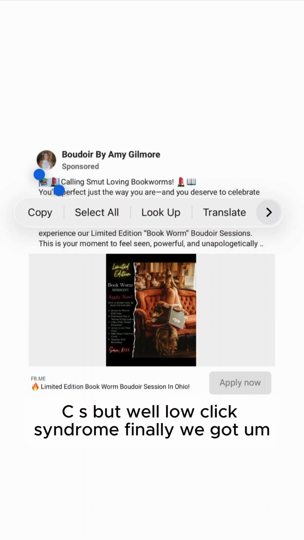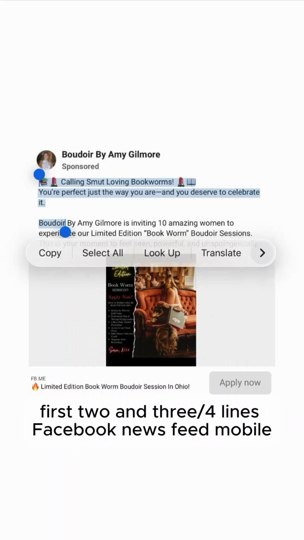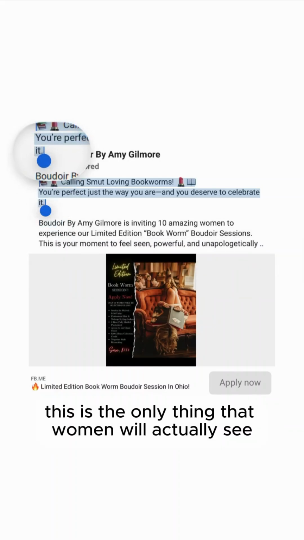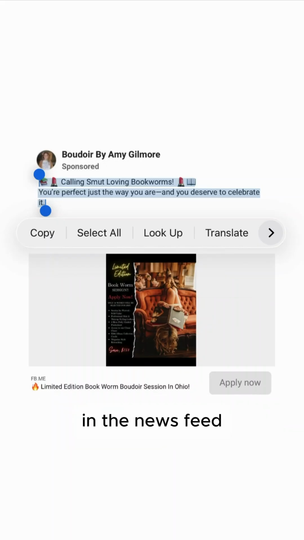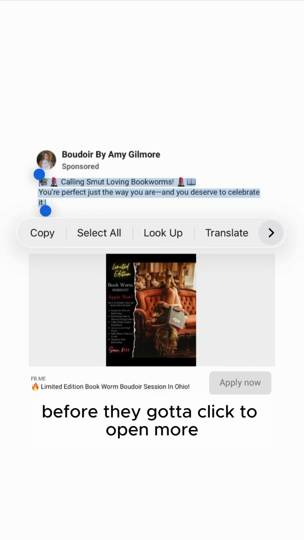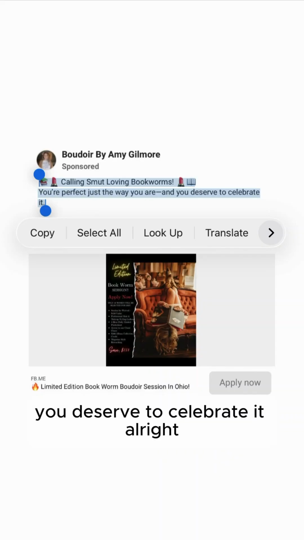Finally, we got the see more headline up here. First 2 3/4 lines, Facebook newsfeed mobile. This is the only thing that women will actually see in the newsfeed before they click to open more to see more. Calling small 11 bookworms. We just deserve to celebrate it. All right, so small amounts of context here, but this is the lack of context mistake.